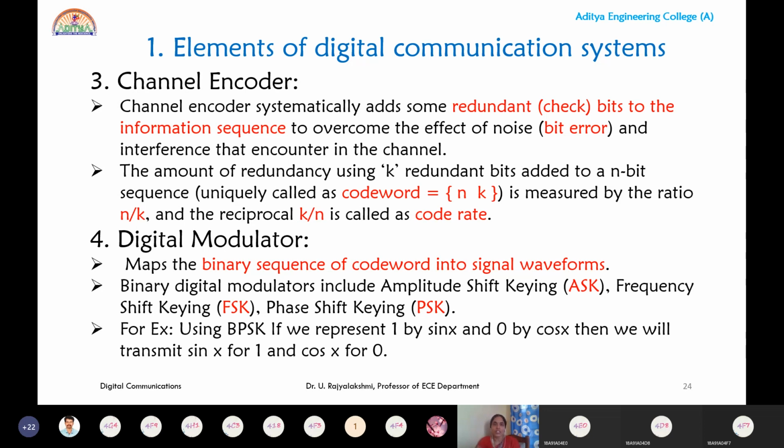A code word is nothing but the combination of n number of binary data bits obtained from the source encoder, followed by k redundant bits.